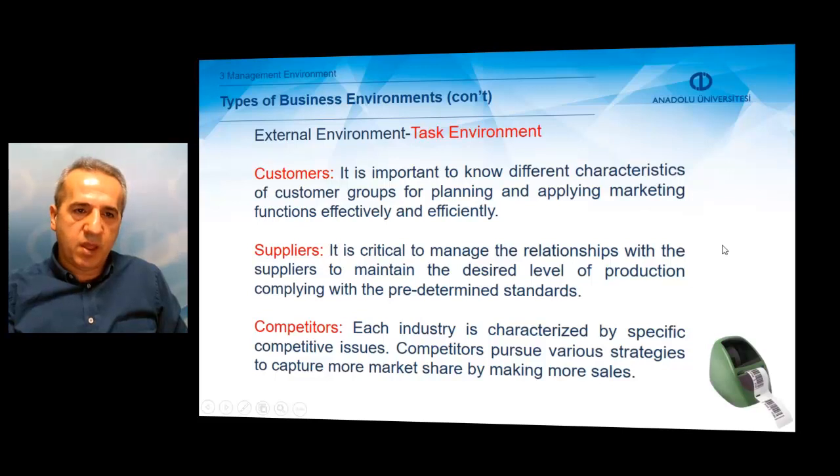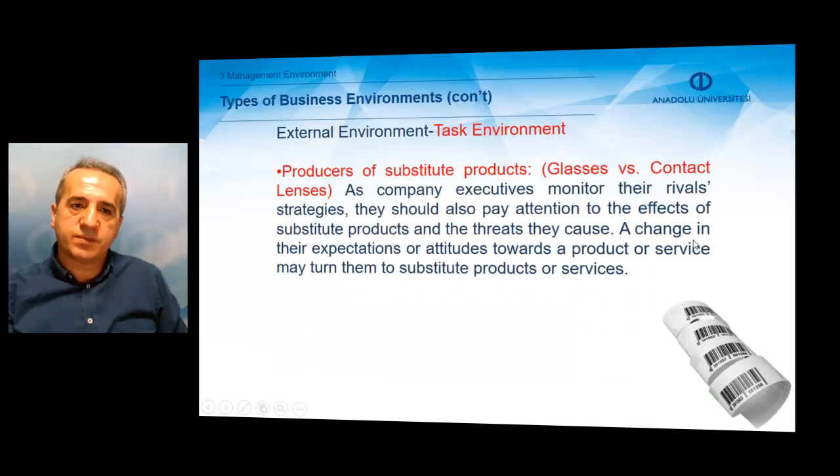The third element within the task environment is competitors. Each industry is characterized by specific competitive issues. Competitors pursue various strategies to capture more market share by making more sales. And we have substitute products. Let's say you have an eye sight problem, right?